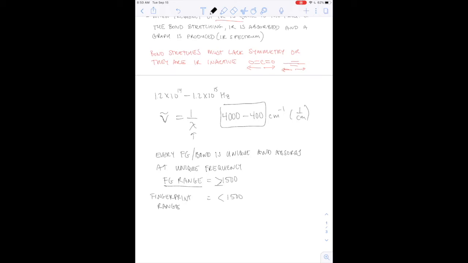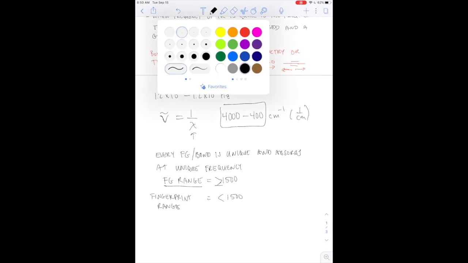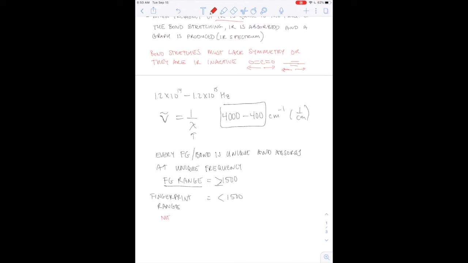Okay, and the fingerprint range is basically an area in the IR that's really complex. It's not very instructive, and so we tend to ignore it. So, not usually instructive. And so we typically ignore it, and that's going to be the main idea throughout the class, at least for this class.